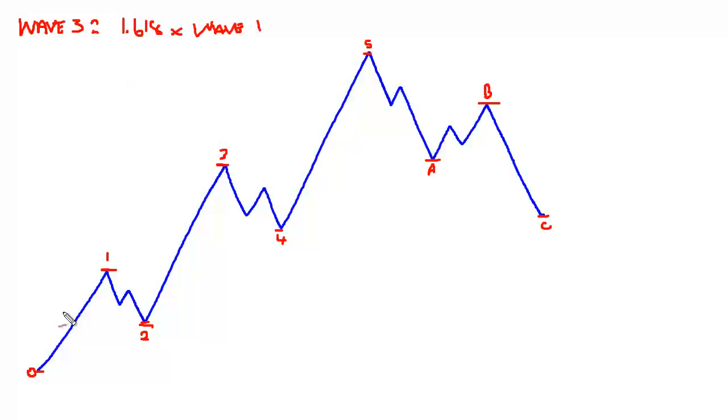So this could be like 100 pips. From this distance to this distance could be 100 pips, for example. Then we need to add another 61.8 to that. So this distance from wave 2 to wave 3 will be 161.8 pips. That's basically what it means here: wave 3 equals 161.8 times wave 1. So whatever that is, you just multiply that 100 pips by 1.618, and you will get 161.8, and that distance from here to there will be 161 pips. I hope that's made sense.